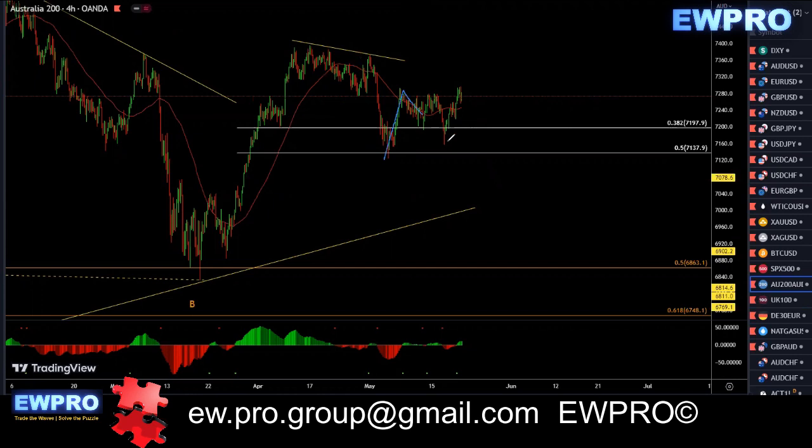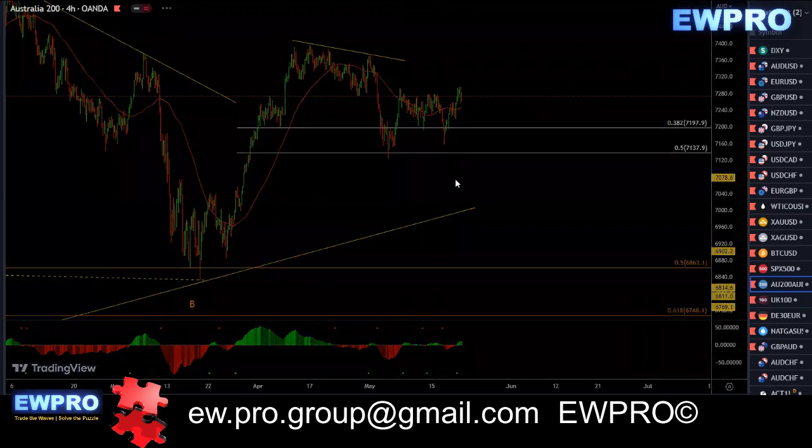So we're getting an A, B, C up in here. I dare say on the lower time frame you can only buy it though. But you may get a sell in here for a wave Z down, and then you'd be looking for the buy for the A, B, C. I'd be more interested in the buys.